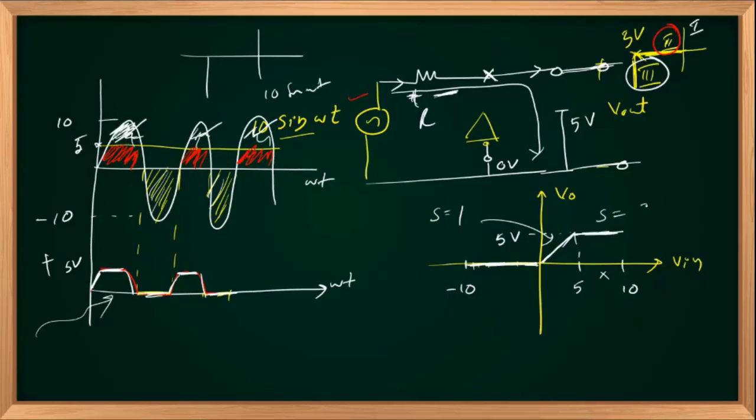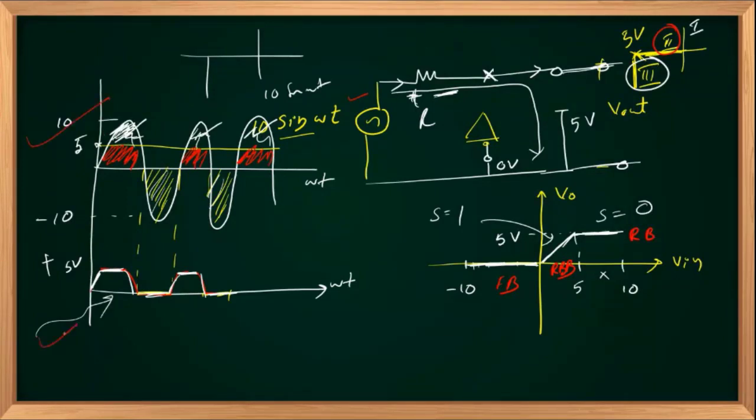Here slope will be 0. So your Zener diode will be operating in forward biased mode here, reverse before breakdown here, and reverse and breakdown mode in the third portion of your transfer characteristics.